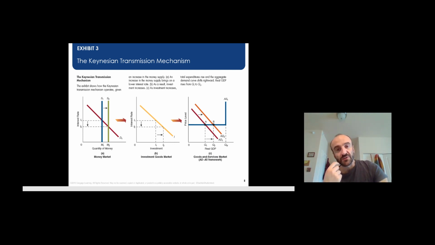We'll see when the interest rate goes down from I1 to I2, actually the quantity that will be demanded for investment purposes will go up from I1, capital letter I, to I2. Okay, so that happens on the market for private investment. This is the middle picture here.